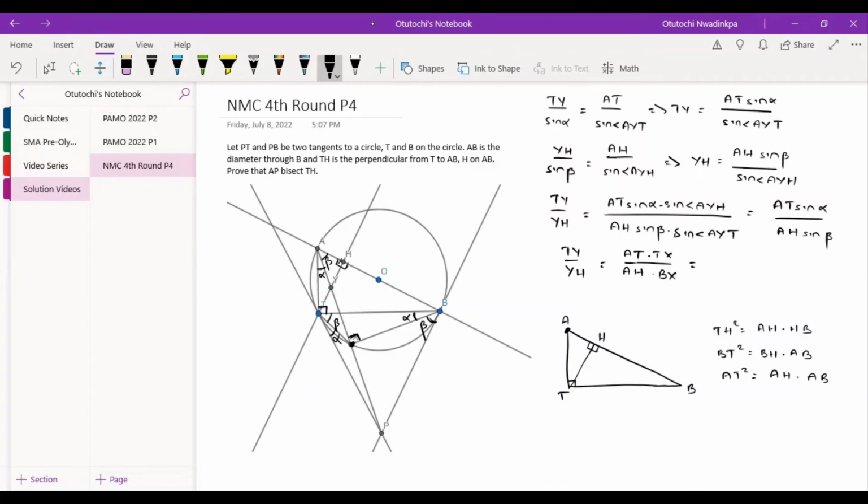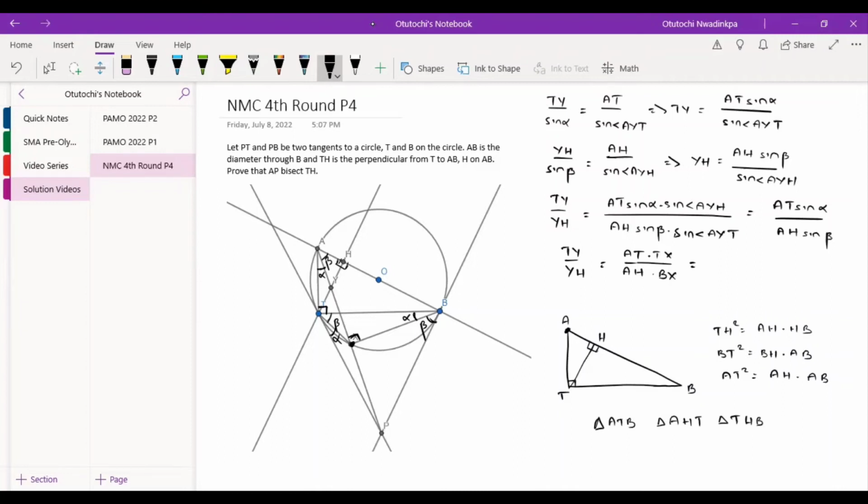We can easily prove that using similar triangles, because triangle ATB, triangle AHT, and triangle THB are all similar.